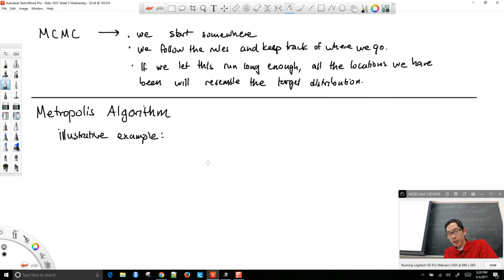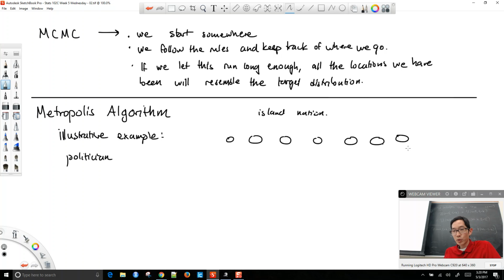All right, and so the idea here is there's some island nation, and it consists of a string of islands. And we have a politician who wants to visit each of the islands, to do campaigning or whatever it is.